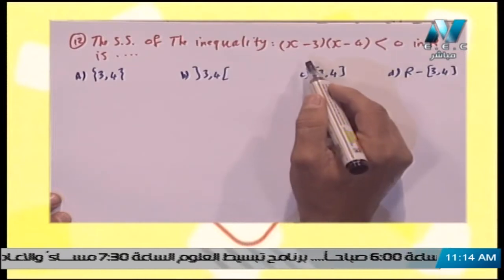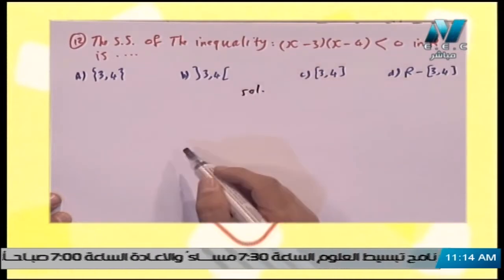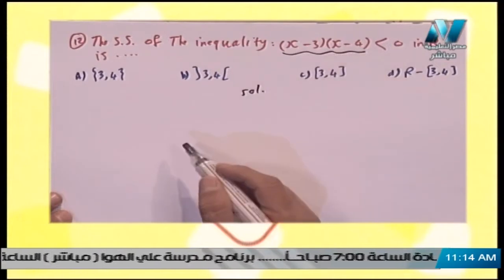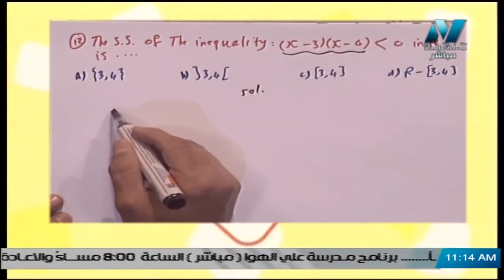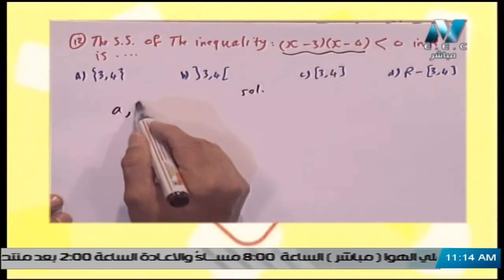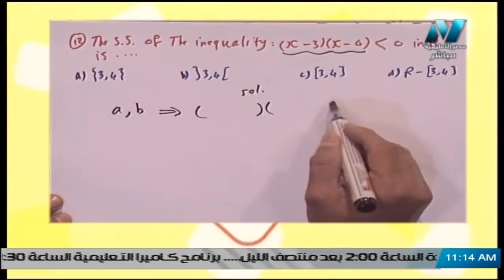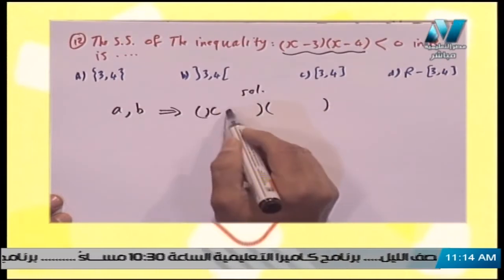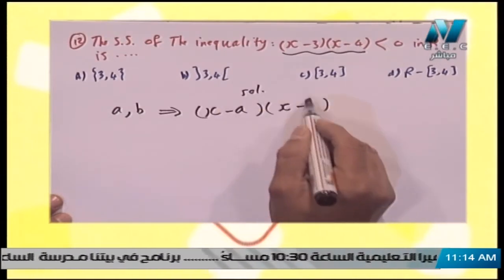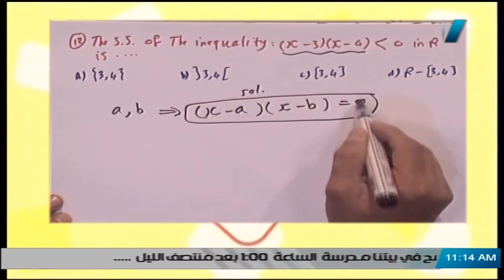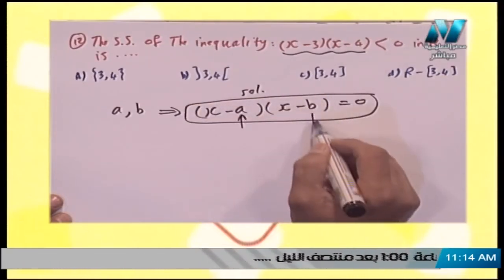We know from the first lesson of algebra how to find the equation: if we have the two roots equal a and b, then we can put (x minus a)(x minus b) equals 0. It is a quadratic equation if we have the roots a and b.